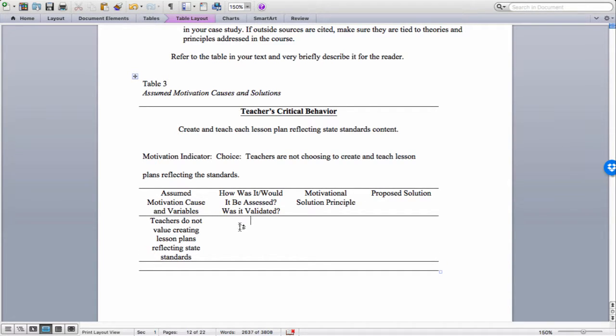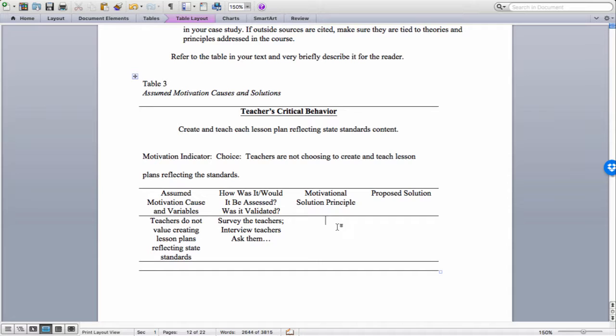And then how would I assess it? Again, go back to your slides and look at how we assess for value and motivation constructs in general. And basically, if it's a large enough group, you survey them, or you might actually do an interview of the teachers. Basically, you're going to ask them, do you value? And that is the key, okay?